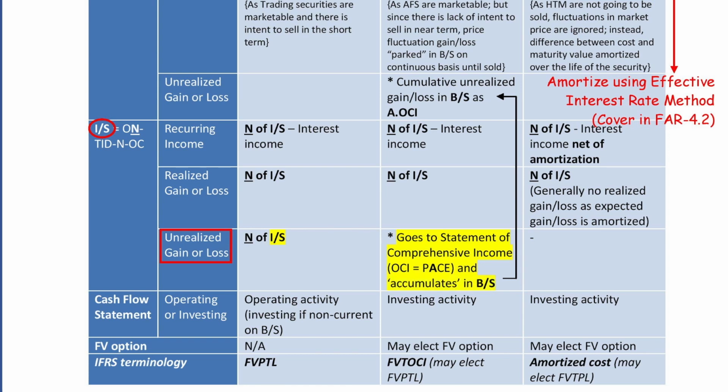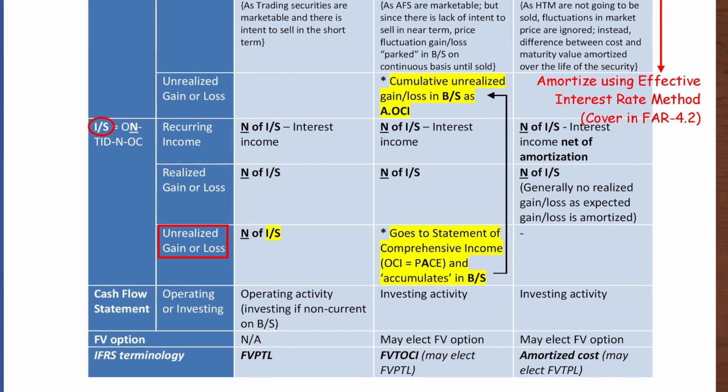So guys, you see an arrow which goes into the balance sheet, where we have cumulative unrealized gain or loss in the balance sheet as accumulated OCI. So the unrealized gain or loss for the period on these available for sale debt securities is part of OCI, other comprehensive income, which gets accumulated in the balance sheet equity section as accumulated OCI.